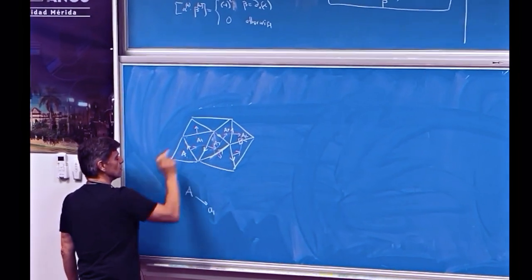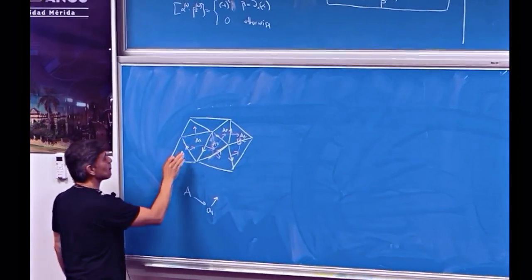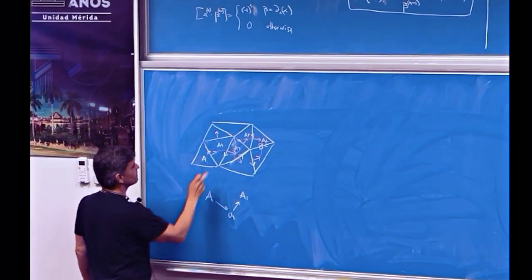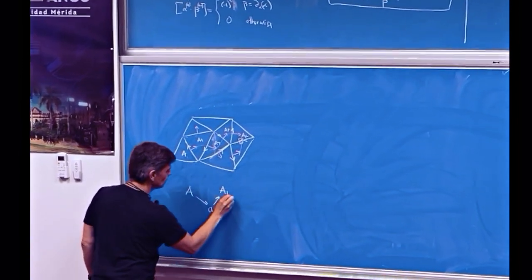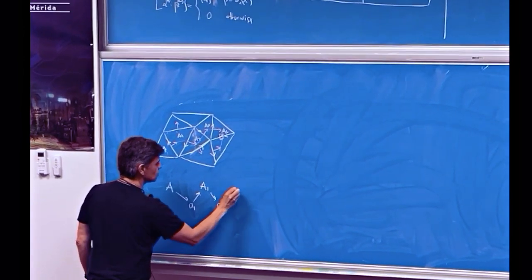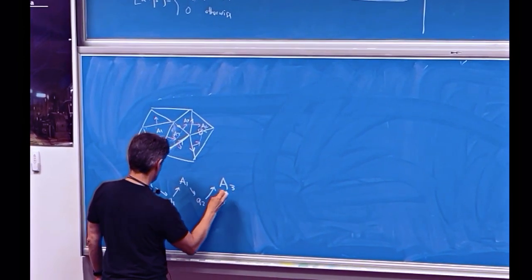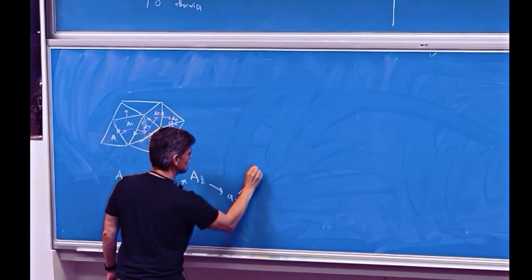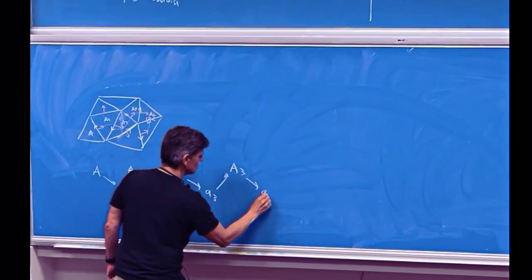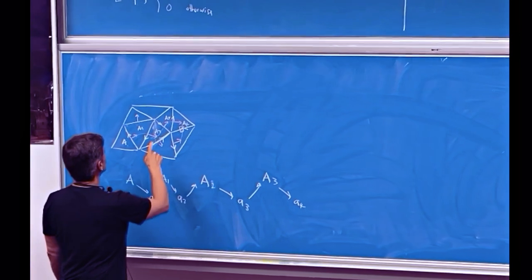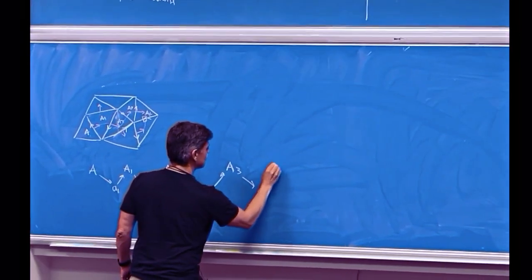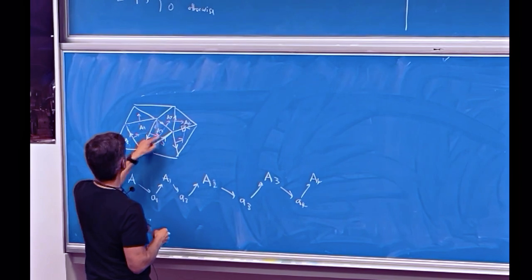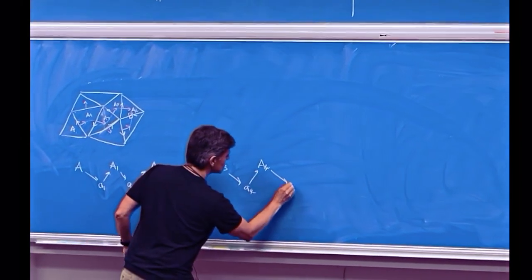Then I take its pair, A1, and then take the phase A2. This is going to be A2. And so on, A3, A4, until I get this. I'm already here, 1, 2, 3, 4, and then I get B.